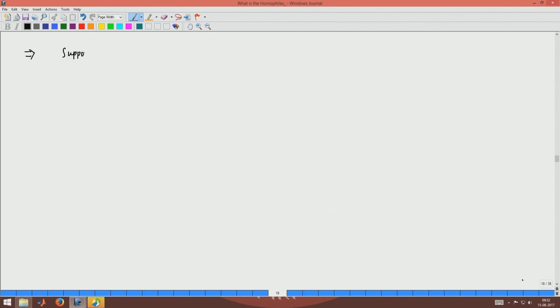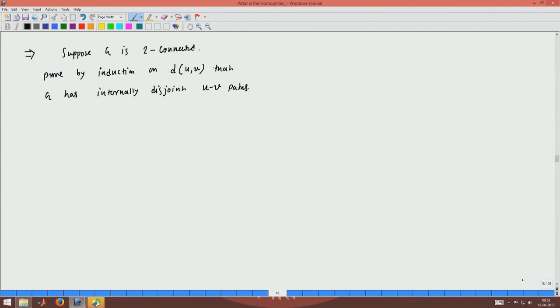Suppose G is two connected, then we prove by induction on d(U,V), where d is the distance between U and V. You take a pair of vertices which are at distance d(U,V) and prove that G has internally disjoint UV paths.